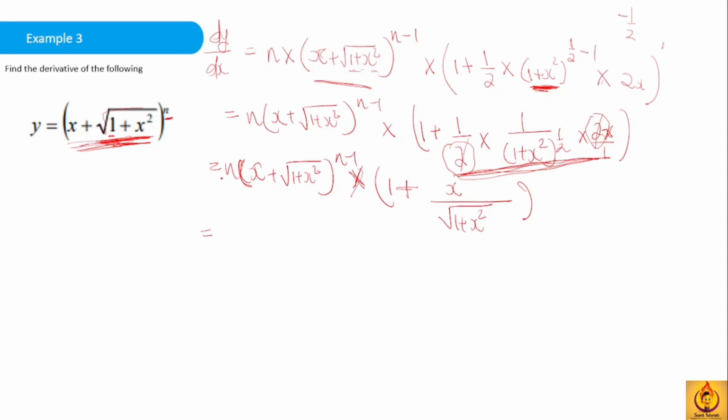Coming into this n multiplied by x plus root 1 plus x squared to the power n minus 1, I want you to notice something about your exponent. Your exponent is written as n minus 1. It's a difference of two terms.